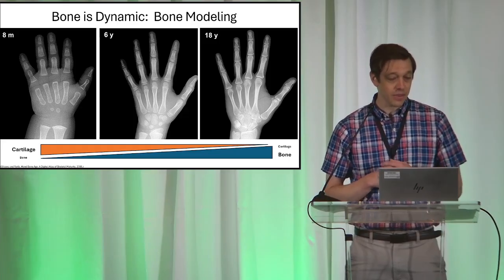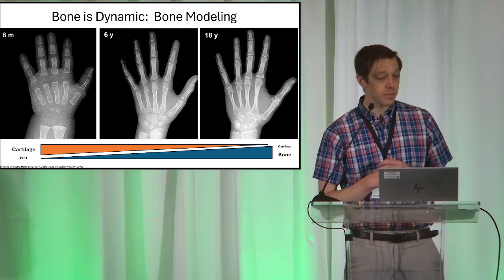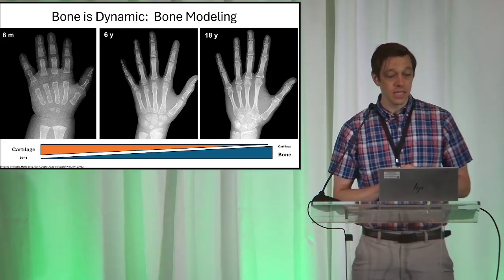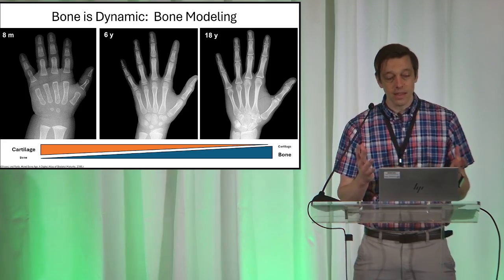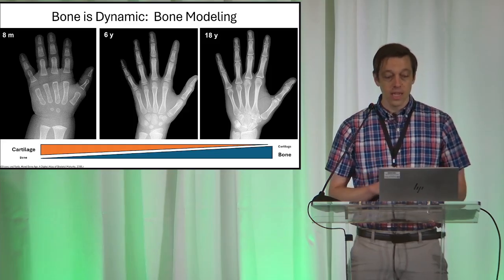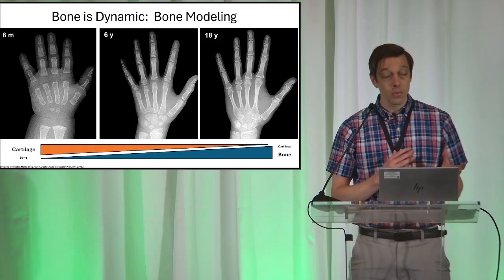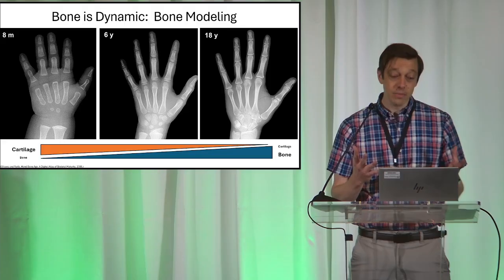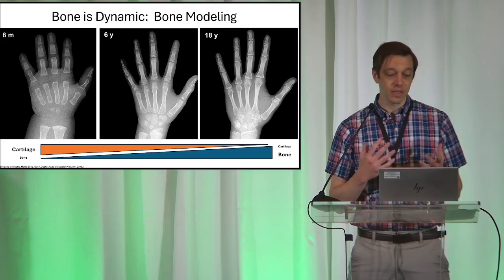It's easy to say that throughout the lifetime. As you can see in these images, looking at an 8-month-old all the way up to an 18-year-old, you can see that, in infancy, our bones are made of a combination of cartilage and bone, and as time goes on, we see more and more bone mineralization, leading to less empty space, and certainly more structure and strength in the bones.